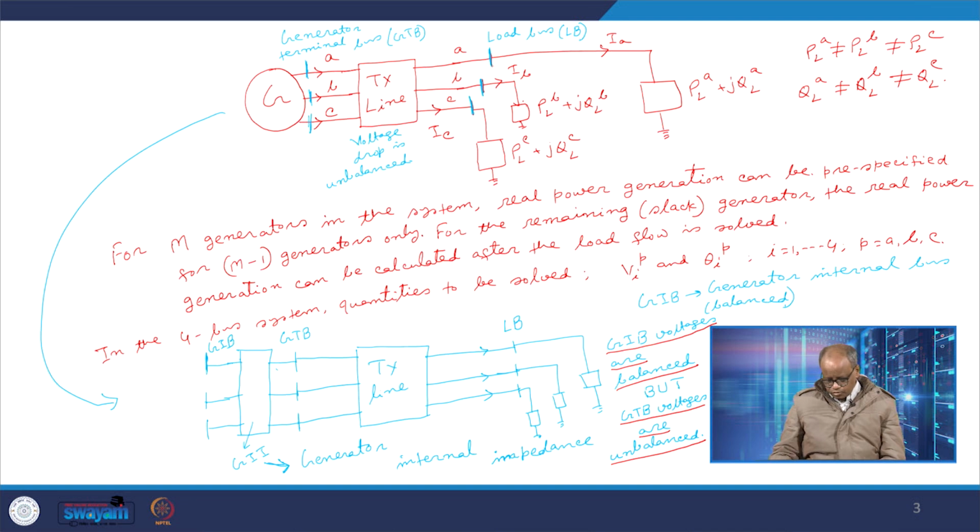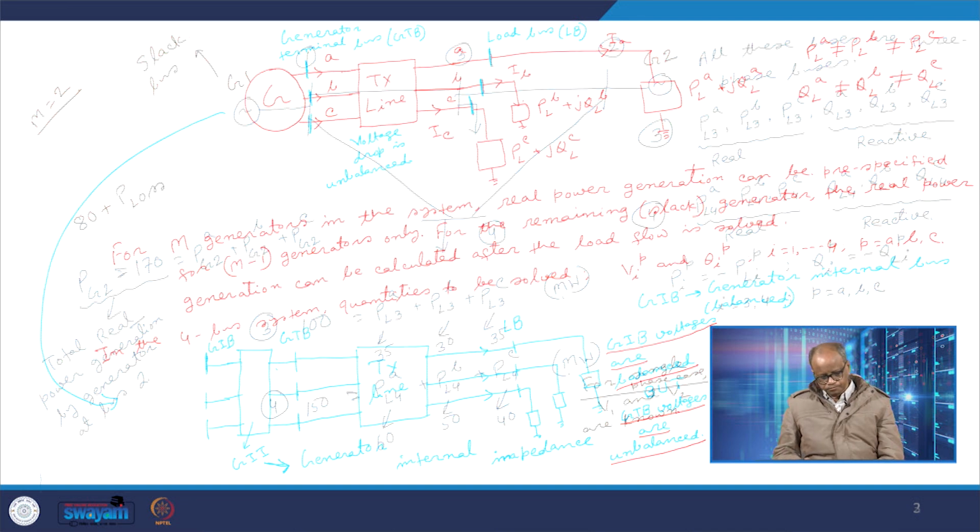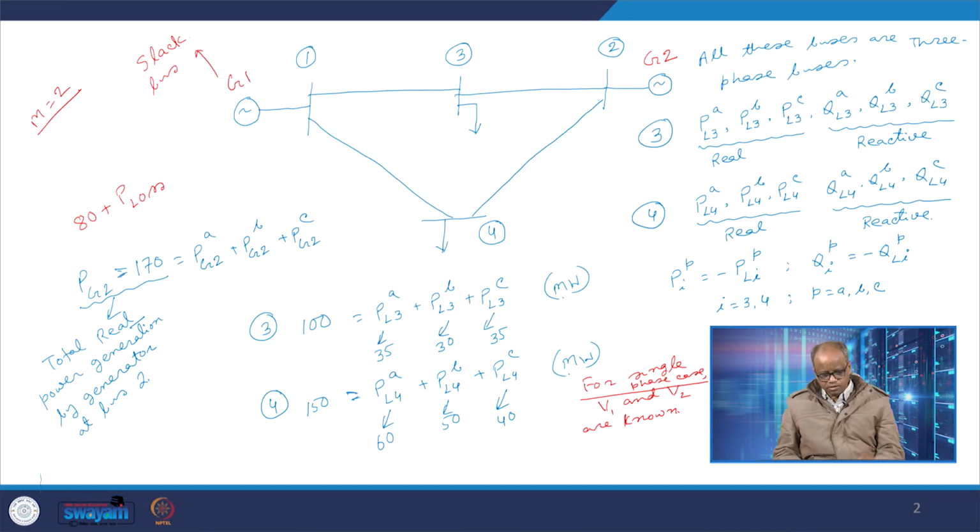So if we look at this four bus system, and now we represent every generator by its corresponding terminal bus as well as the internal bus, this system will look like this. So we have our initial bus 1, then bus 3, then bus 2, then bus 4.